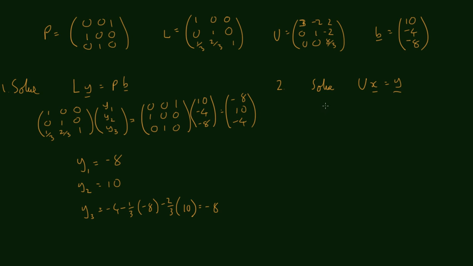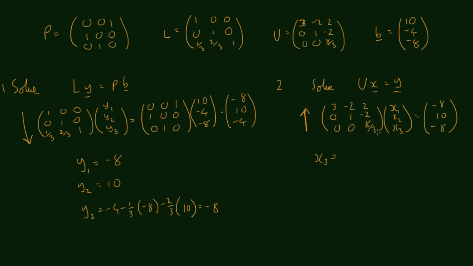So once you've got y, you simply solve Ux equals y, with our U matrix, x is what we're trying to solve for, and we just calculated y, which is -8, 10, -8. This one was done by forward substitution, this one will be done by back substitution. So we've got 8/3 times x3 equals -8, so x3 equals -3.